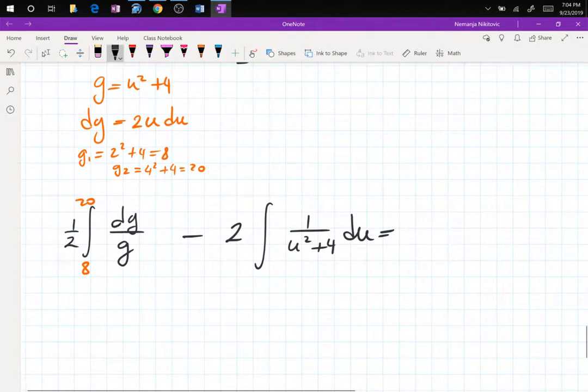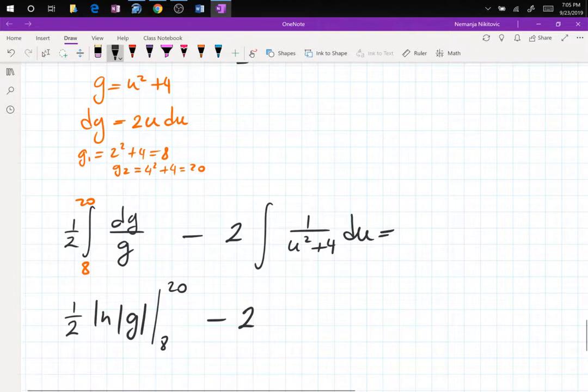First integral is clear. What's the first integral? It's basic. That's close. ln absolute value g. There we go. Now we're talking. 8 to 20. Minus 2 times. And now this is the place where you put a million dollars on the table. What's this one?